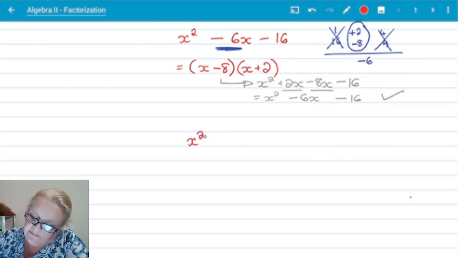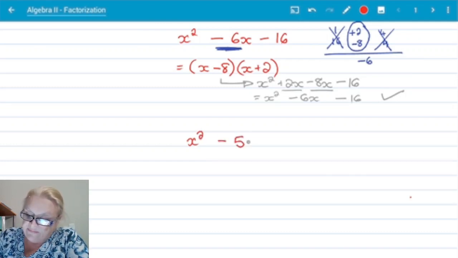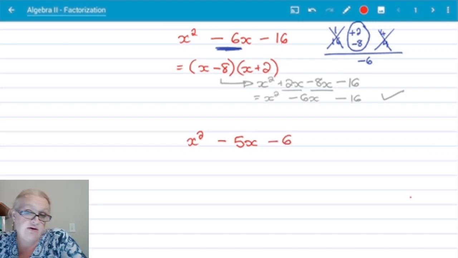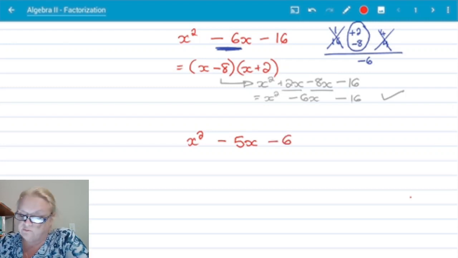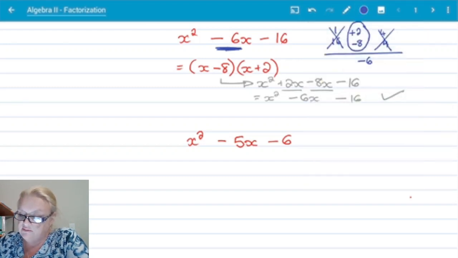x squared minus 5x minus 6. Now this one's a little bit trickier than the other ones have been. Again, we are going to take the factors of the last one, 1 and 6, 2 and 3. Again, I want to get an answer of negative 5.